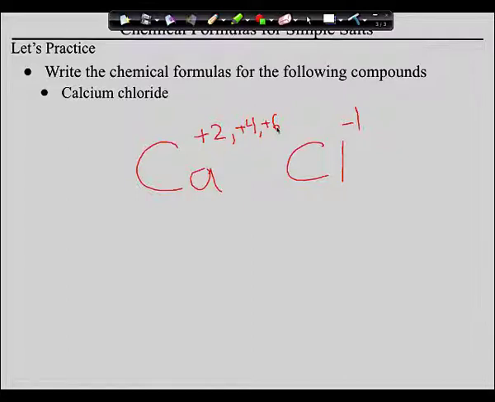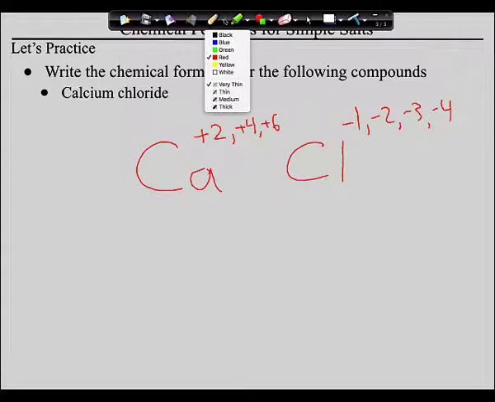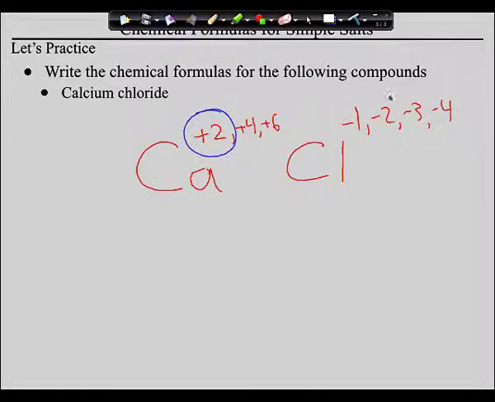Now write down the multiples of -1: -1, -2, -3, -4, and so on. Now the question is this: where do the positives and negatives first meet up? At +2 and -2. That is the least common multiple. The least common multiple of 1 and 2 is 2. So what does that mean? It means the first place that these will balance out is at 2.